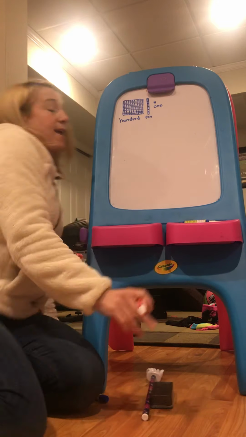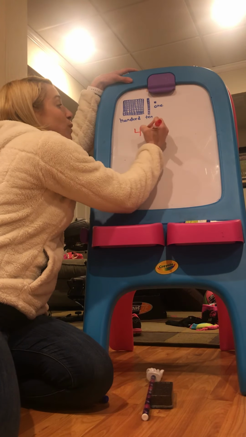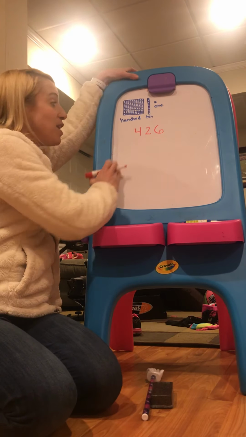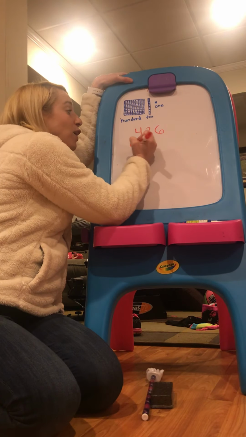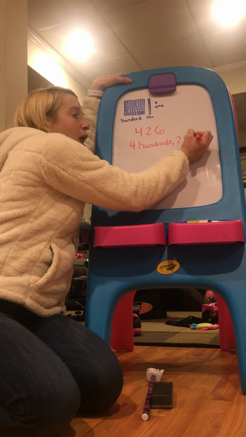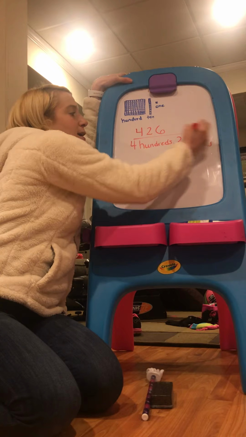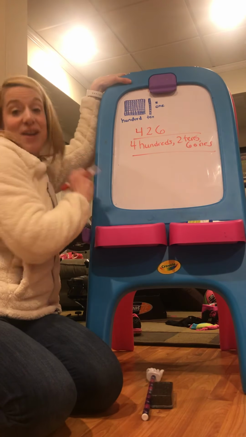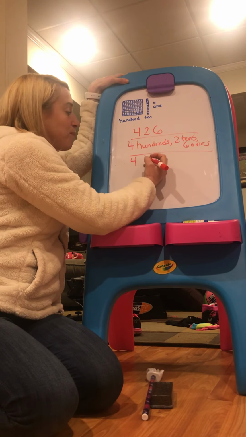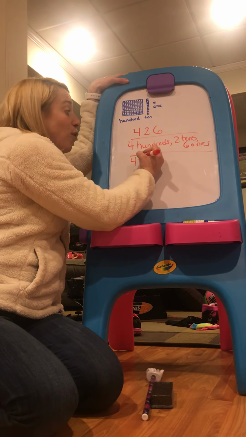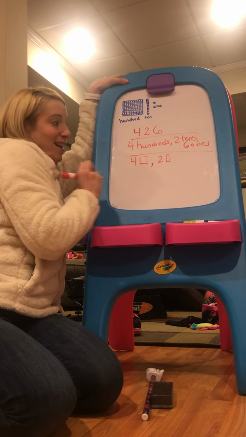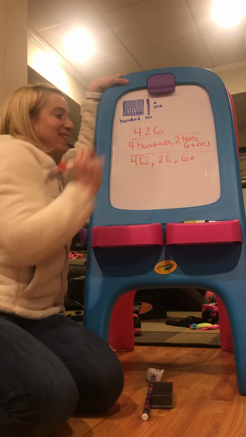So let's say the number 426. That's one way to say that number. Another way to say that number is 4 hundreds, 2 tens, and 6 ones. A third way could be to draw it: 4 hundreds like this, 2 tens like that, 6 ones like that.